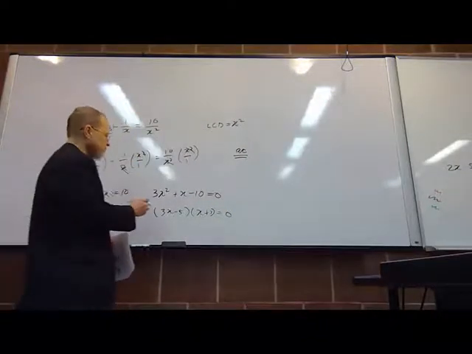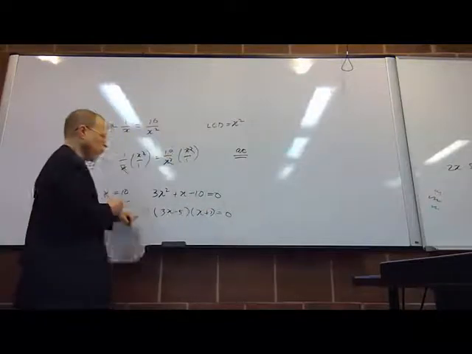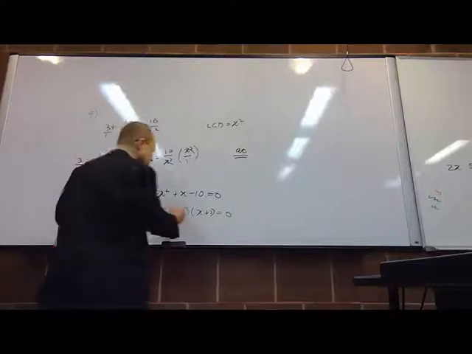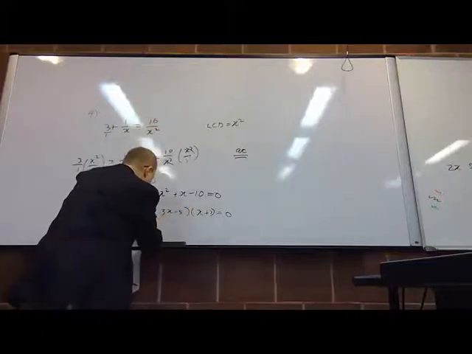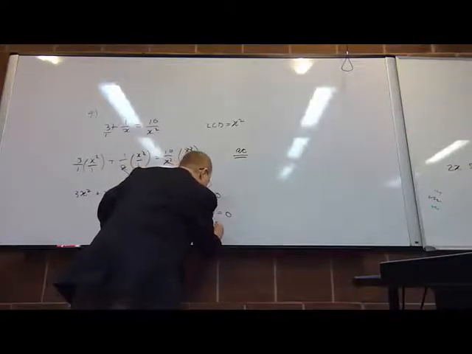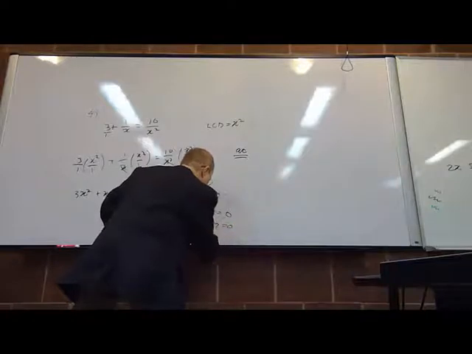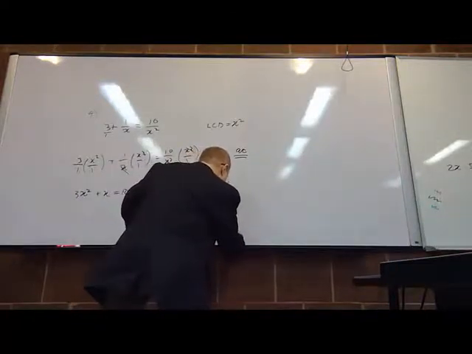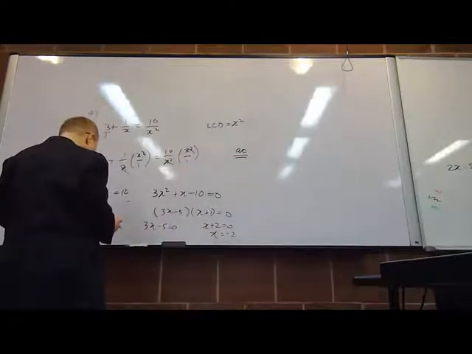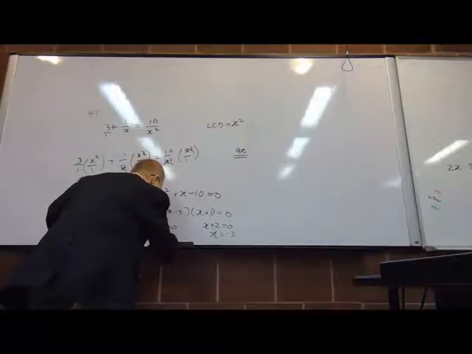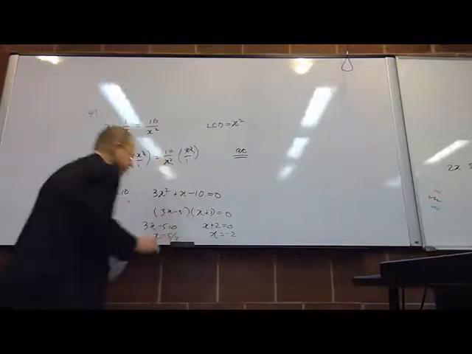Then, based on the rule which we learned earlier when we were solving quadratic equations, we set each of the parts equal to 0. So we have 3x minus 5 equal to 0, and x plus 2 equals 0. So this means x is equal to -2, and on the other side, x is equal to 5/3.